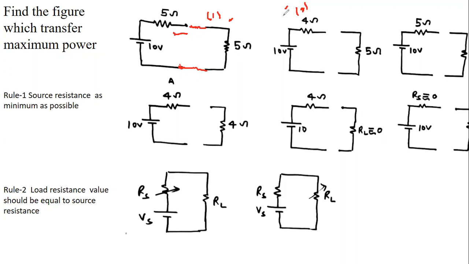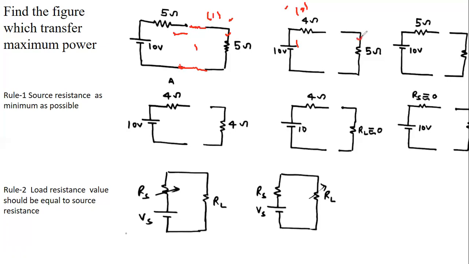See, the current in the first case is I equal to 10 upon 5 plus 5, that is 1 ampere. The power in this resistance is 1 into 5, that is 5 watt. In this case, the current is 10 upon 5 plus 4, greater than 1 ampere.